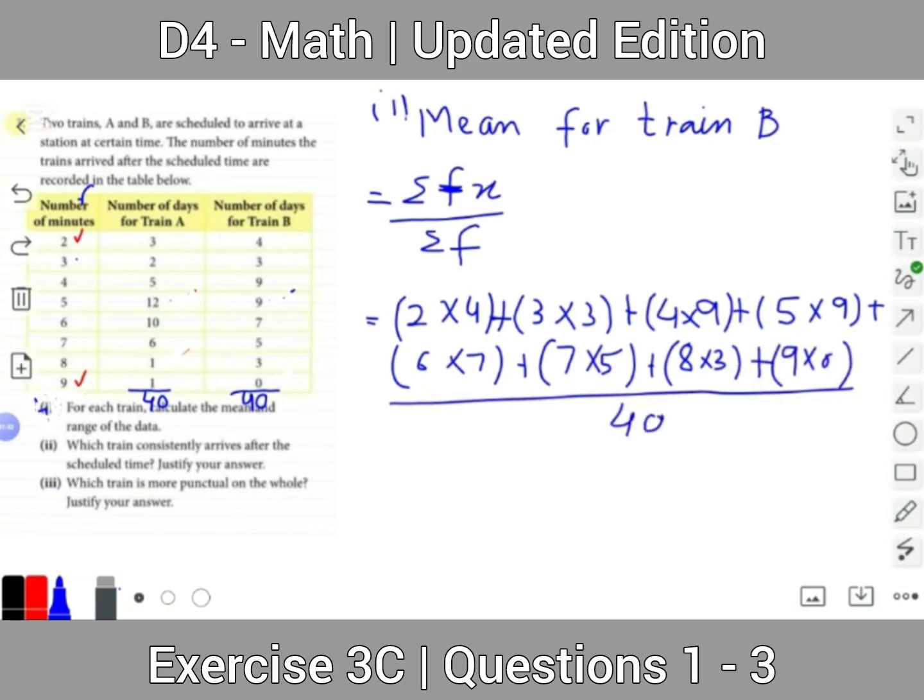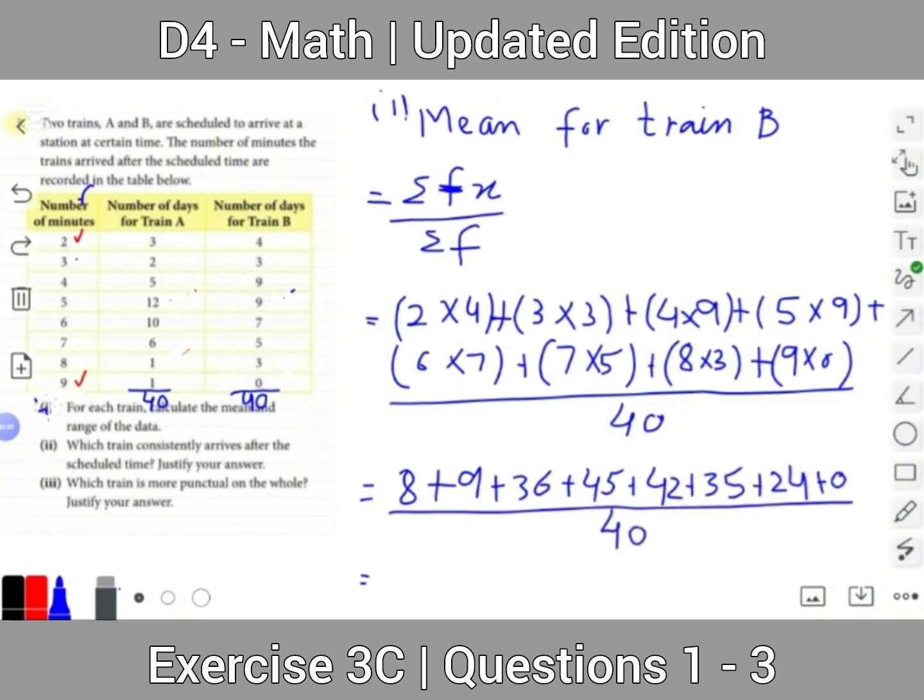Now we have 4 2s are 8, 3 3s are 9, 36, 45, 42, 35, 24 and 0, and divided by 40.